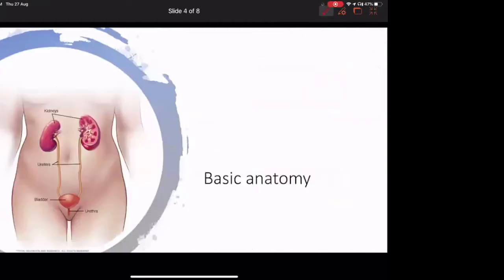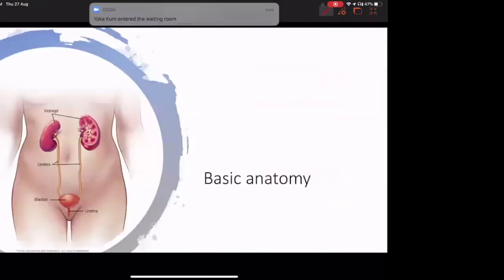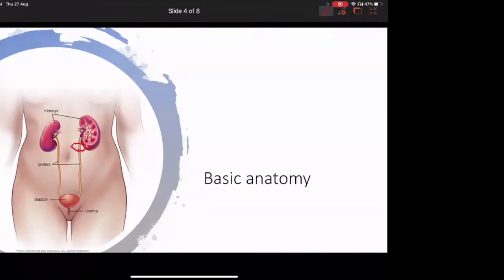For example, if you look at the anatomy of the kidney, we use the body as the center that we reference to. Anything closer to the body itself, the middle of the body, we call proximal. So this is called the proximal ureter. This part is called the distal ureter, so it's away from the main body itself.